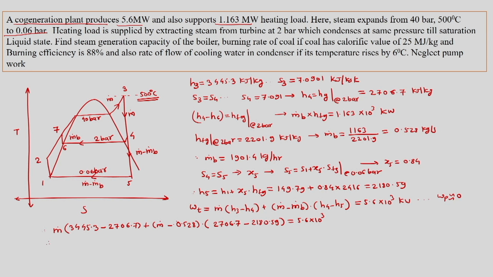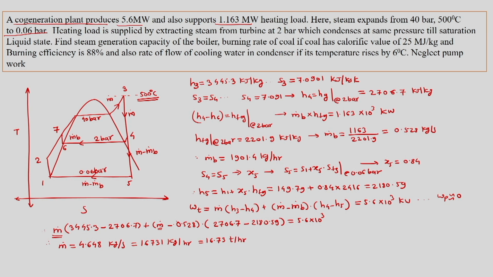In this equation the only unknown is mass flow rate, which is the total mass flow rate of the steam, or mass flow rate of the steam generated in the boiler. So we can get from here m dot, and m dot comes out to be 4.648 kg per second, which is equal to 16731 kg per hour, which is equal to 16.73 tons per hour.